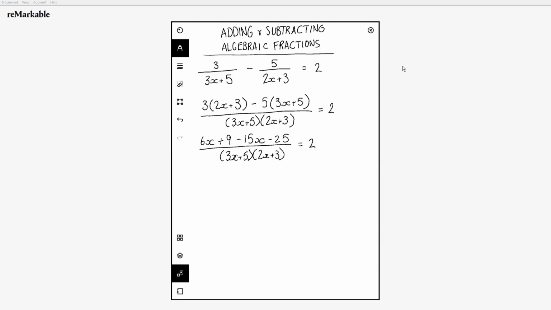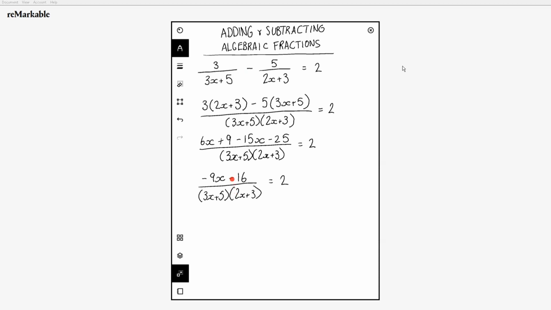Then if we simplify the top of that fraction, 6x minus 15x is going to give us minus 9x, and 9 minus 25 is going to give us minus 16, over 3x plus 5, 2x plus 3 equals 2. So now we can start worrying about getting rid of the fraction altogether.